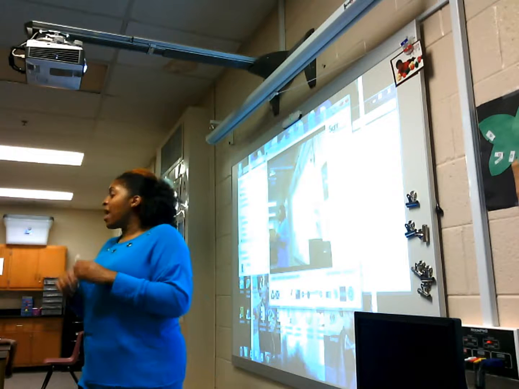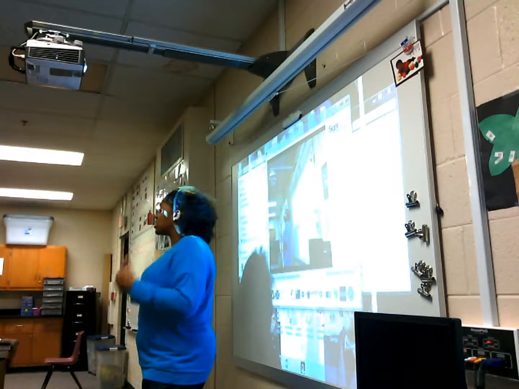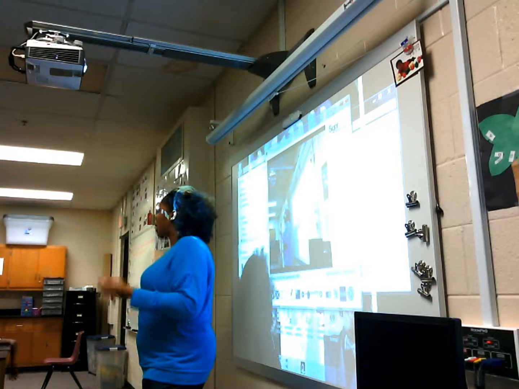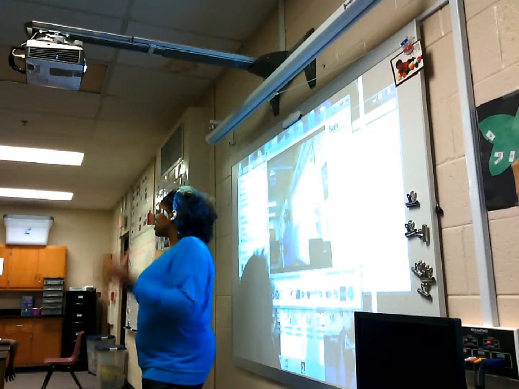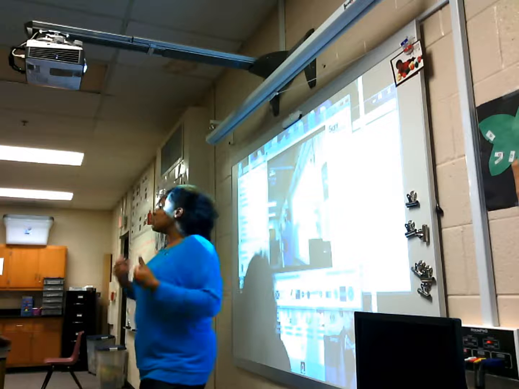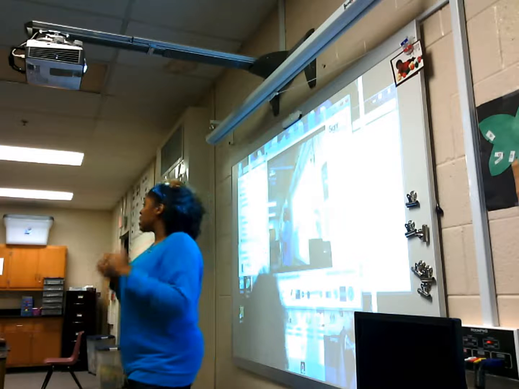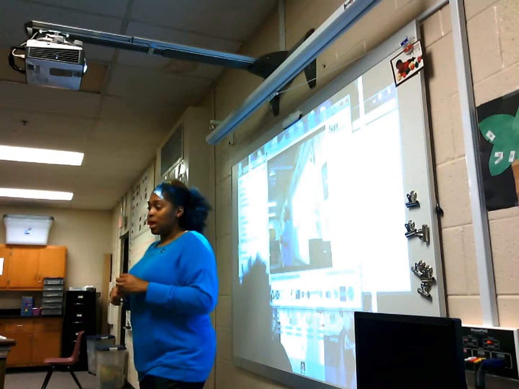It has to melt. In order for the rock to become an igneous rock, it has to melt. Melting rock, molten rock, magma or lava. Molten rock is magma or lava, liquid rock. It has to melt, and then it cools and hardens. Any questions? Very good.